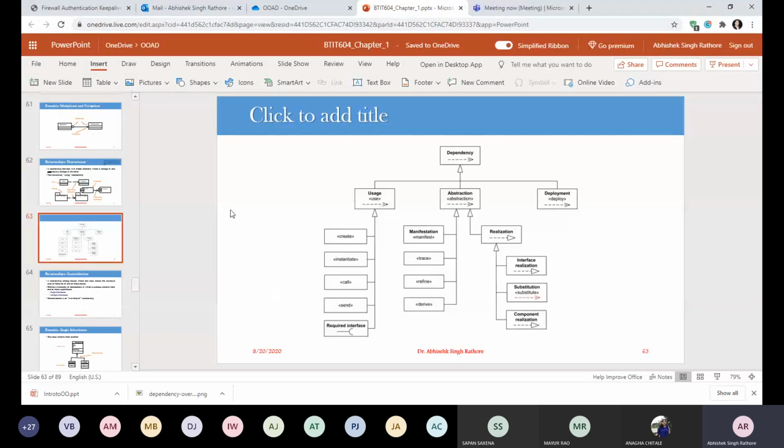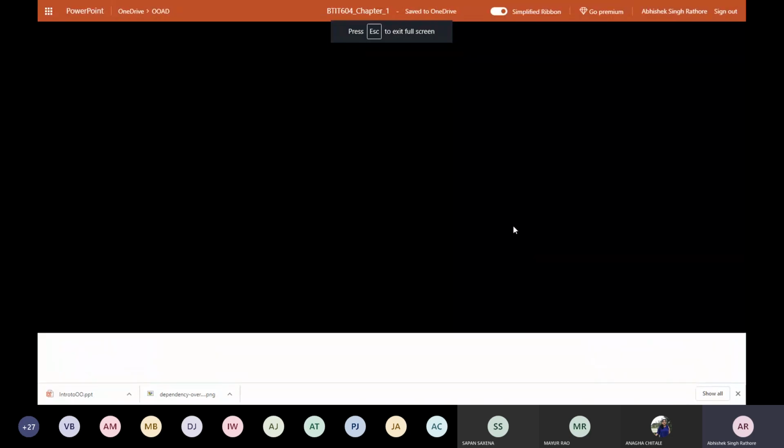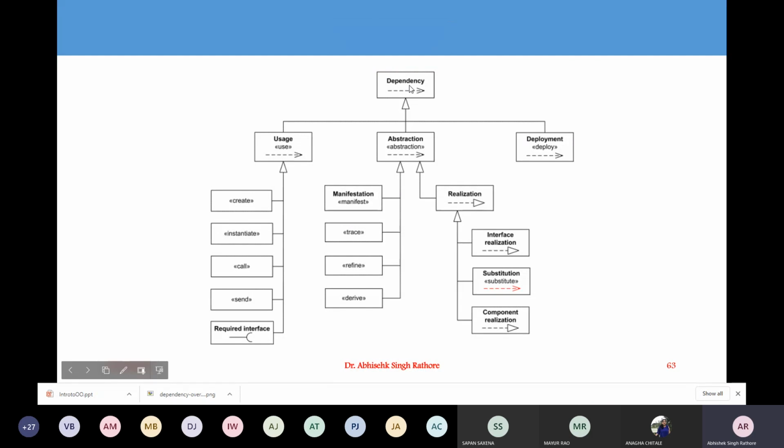On the top, the dependency relation is present as a dotted line which points in some direction. We have three different relationships here: first is the usage relationship, second is the abstraction relationship, and third is the deployment relationship.